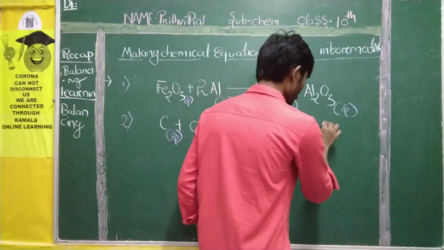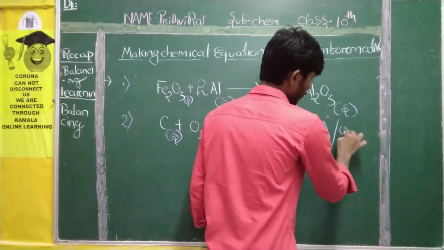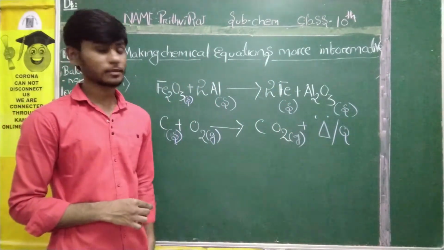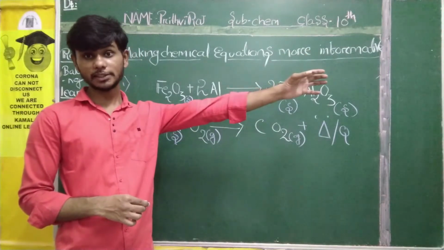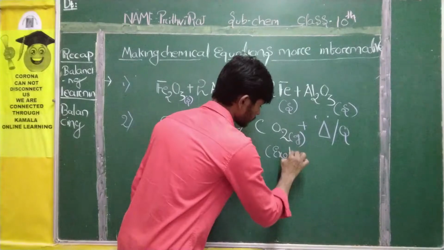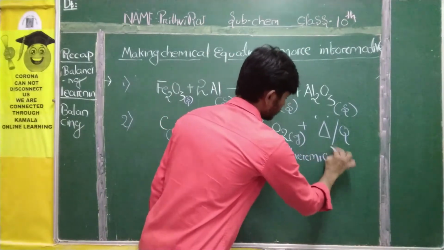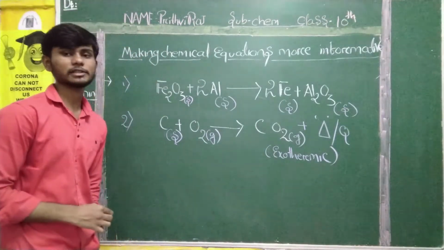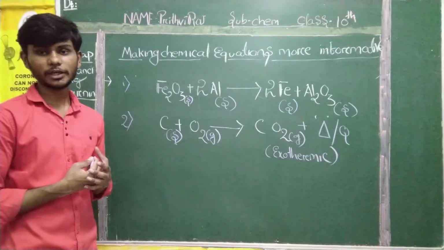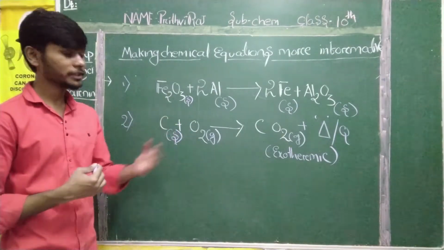So here heat is formed, so you will give the symbol delta or the symbol Q. Heat is coming out of this reaction, so this is called an exothermic reaction, where heat is yielded on the product side.